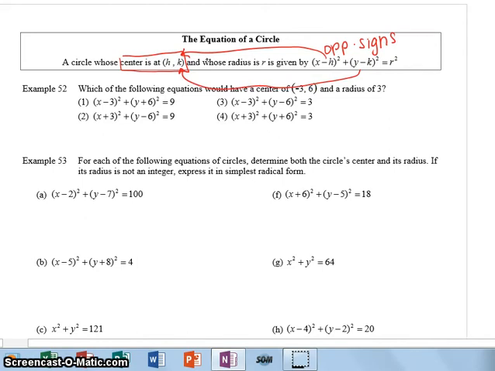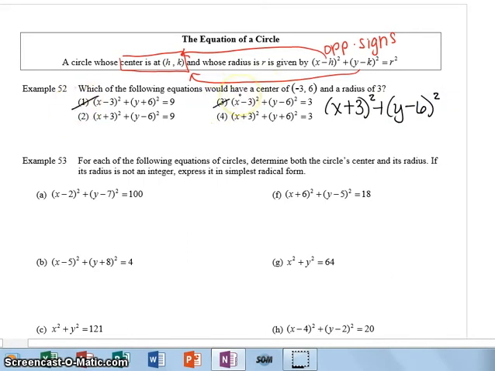Okay? All right, so now looking at this next question, example 52, which of the following equations would have a center? So now remember, it's going to be x plus 3, opposite signs, quantity squared, and y minus 6 quantity squared. So you definitely know it's plus 3 minus 6.